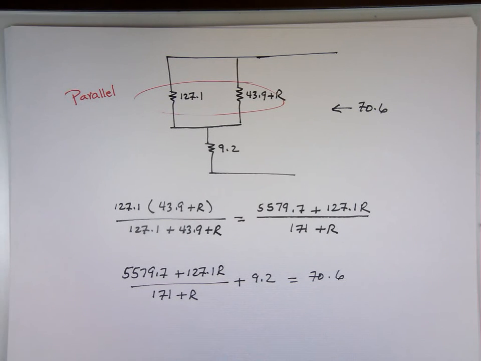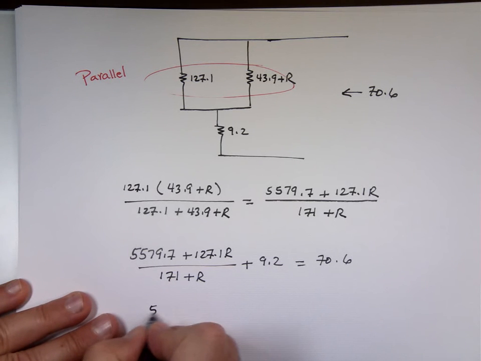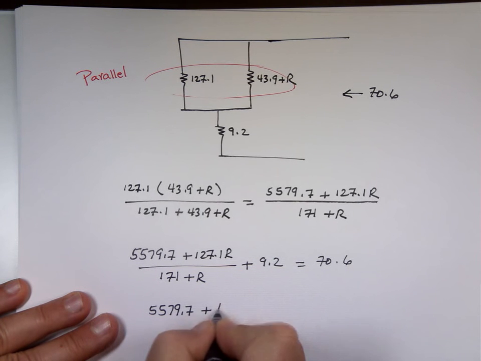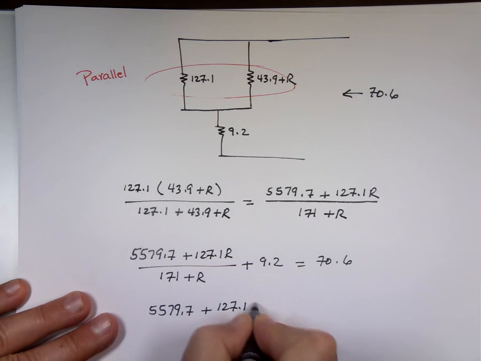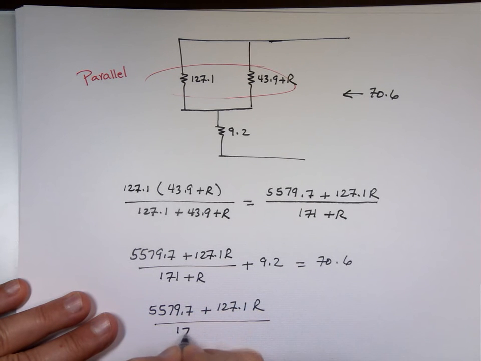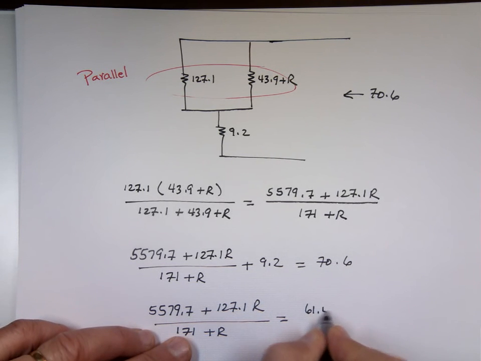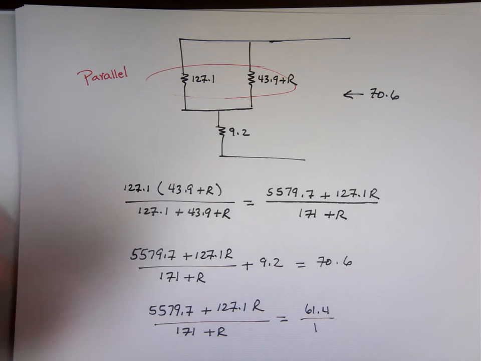So move the 9.2 to the other side, becomes a minus. 70.6 minus 9.2 is 61.4. That's over 1. And now we're just going to solve for R.